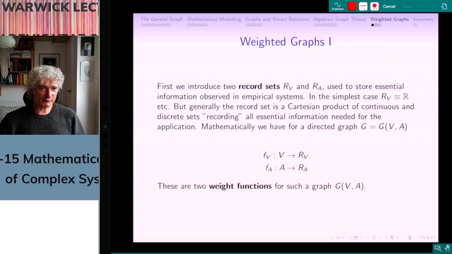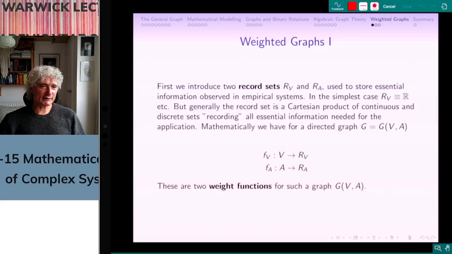But if you want to apply graph theory to real world phenomena, you actually always end up with a weighted graph. So people who do applications of graph theory to the real world, for example, contact graphs in epidemiology, they should always be weighted. So what is the intuitive idea?